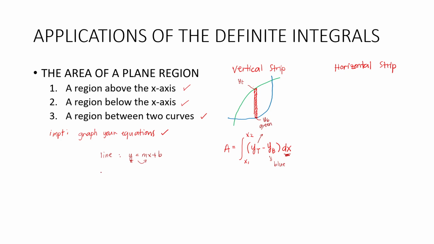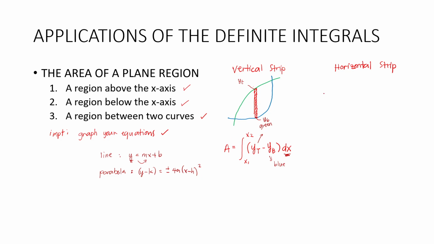For a parabola, you may have it as y equals x squared, or in standard form, that would be y minus k equals plus or minus 4a times x minus h squared, right? So I hope that you know how to differentiate your equations: parabola, ellipse, line, hyperbola, and so on and so forth.